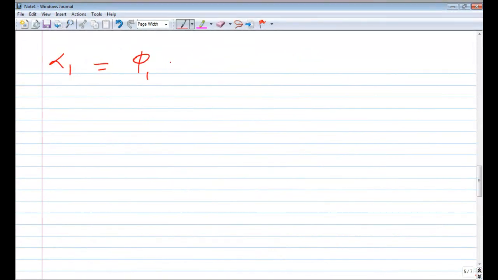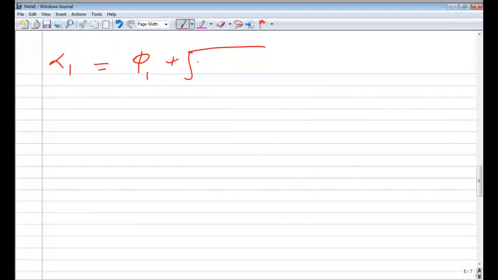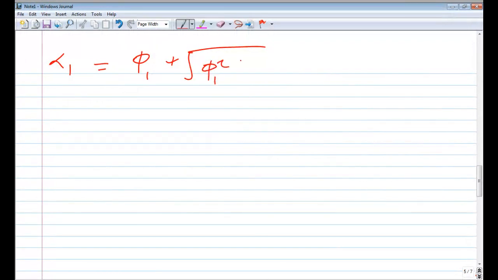Phi 1 plus the square root of phi 1 squared plus 4 phi 2, divided by 2.